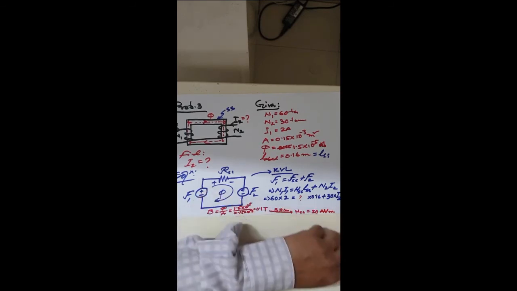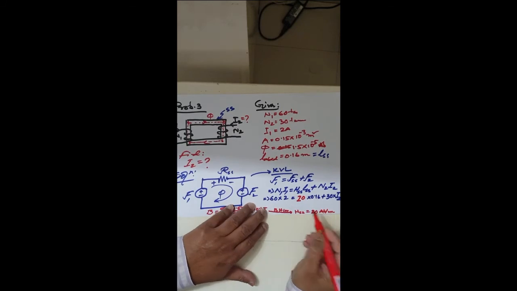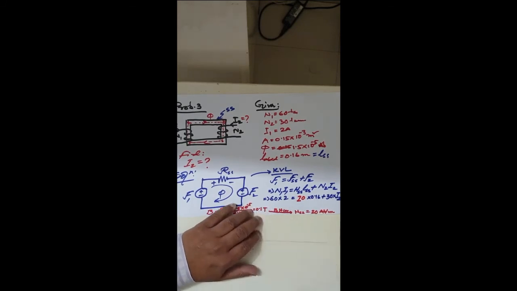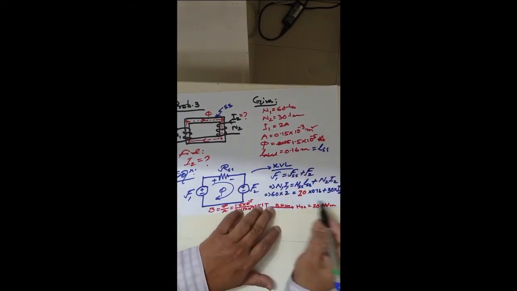Substitute this value here as 20. If you put the value 20, then your result comes as I2 straight away from the equation.